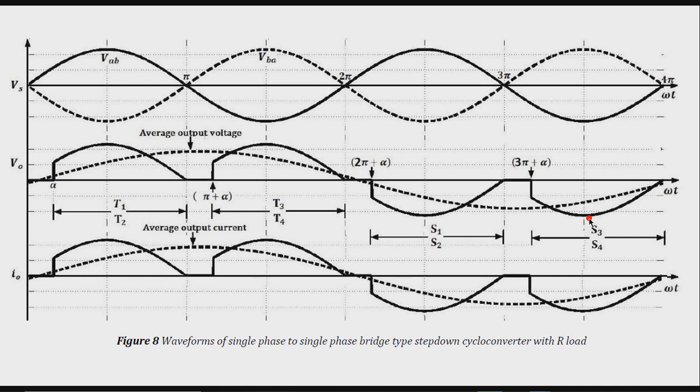In this manner, the two negative half cycles of load voltage and load current equal the two positive half cycles of the load voltage and load current, and it is seen from the waveform that the frequency of the output voltage and the output current is half of the supply frequency.